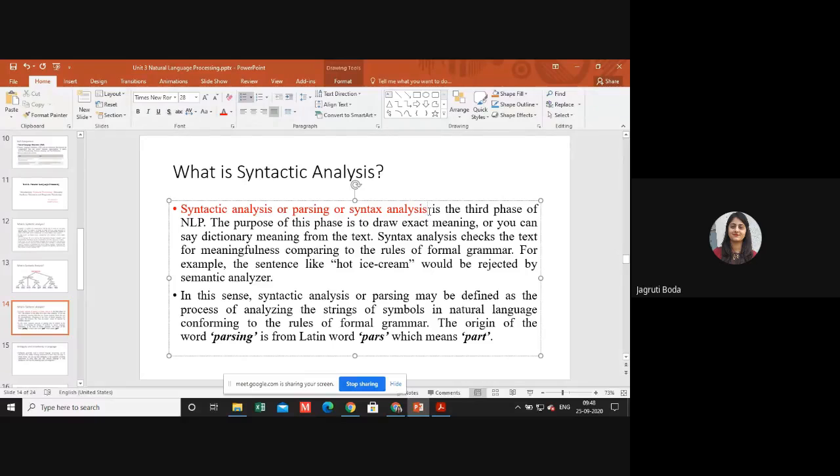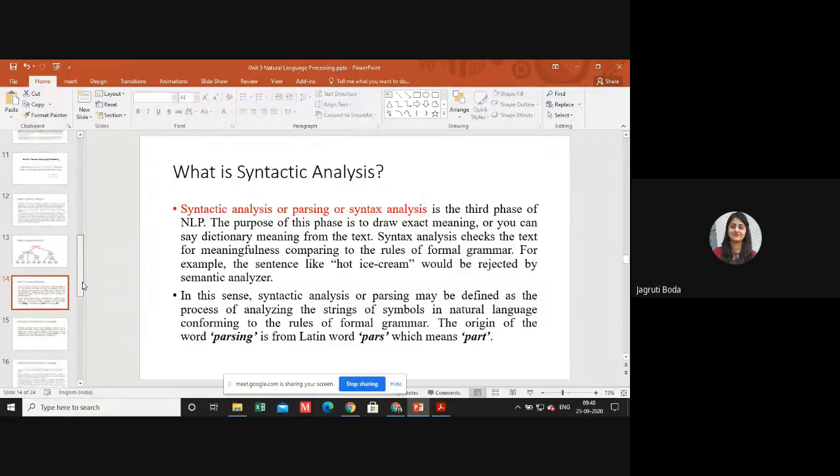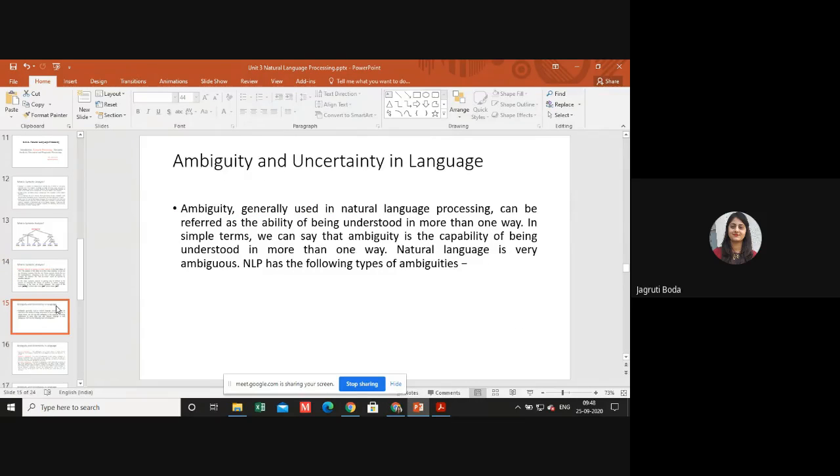It understands the exact meaning of your words. This is the work of syntactic analysis, and this is the third phase of NLP. One by one we will see the first, second and all phases. So you have cleared the concept of syntactic analysis, but the main role of syntactic analysis is to extract the meaning of each part of your sentence or word. Now we will understand what ambiguity and uncertainty in language are.